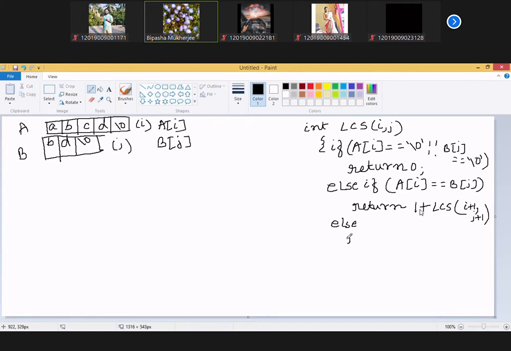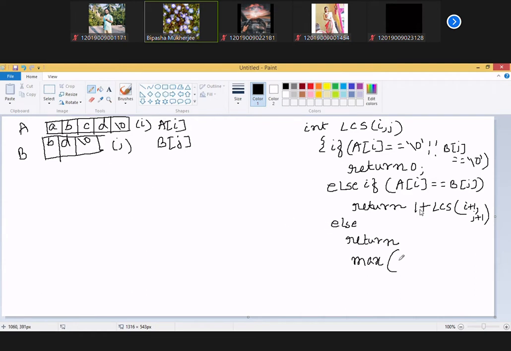Else you need to return the max of either i being incremented or j being incremented.